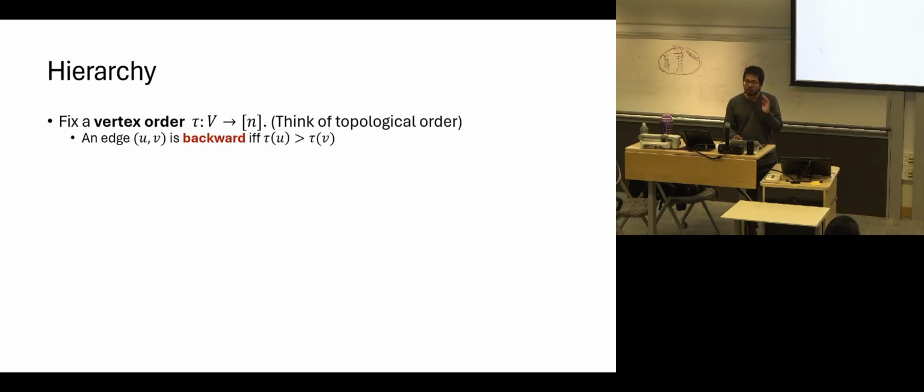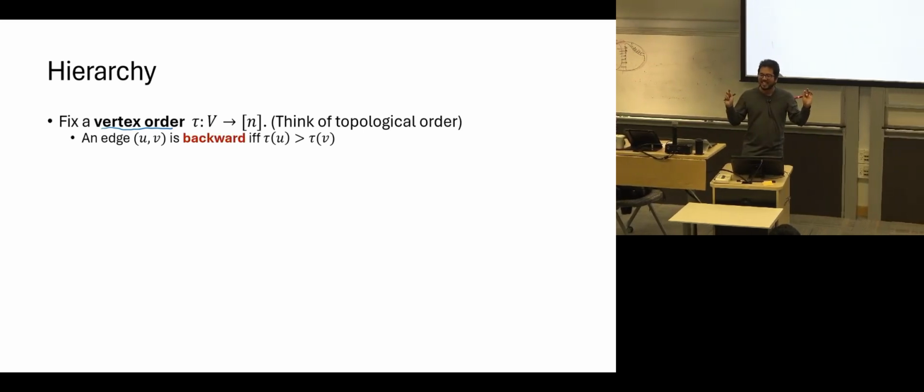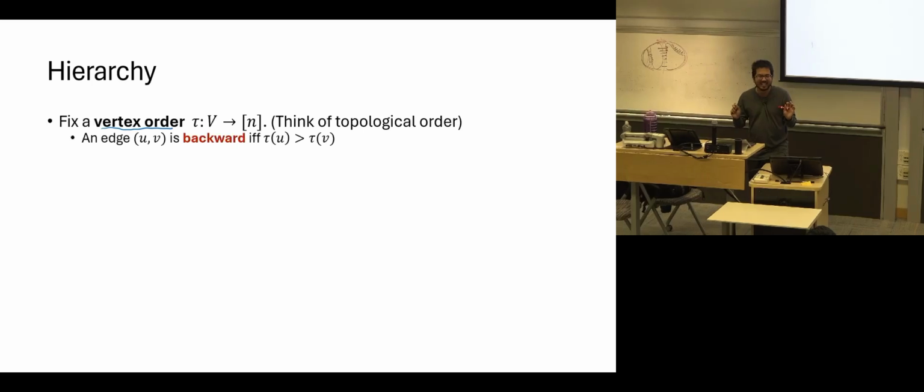But now, since the graph is directed, I actually need one more thing. I need a vertex order. Think of this vertex order tau as, if the graph is a DAG, then it's just the topological order. But here it's not quite that because the graph is not a DAG.